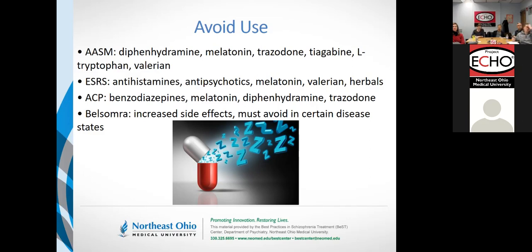And the ACP recommends avoiding benzos, melatonin, diphenhydramine, and trazodone. And Belsomra in general has increased risk of side effects, and depending on what other conditions the patients have, that interaction may actually make things worse, and so it would not be in their best interest.